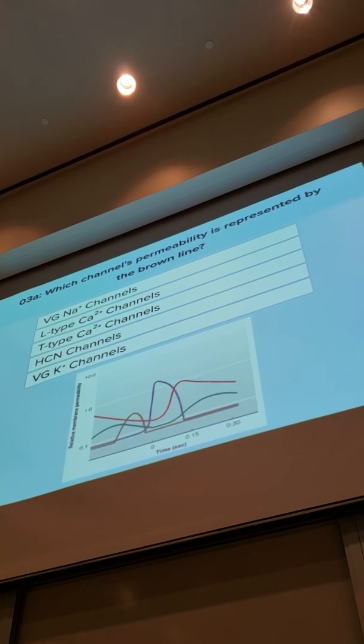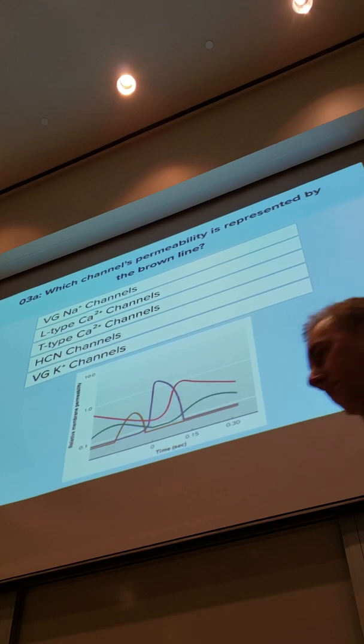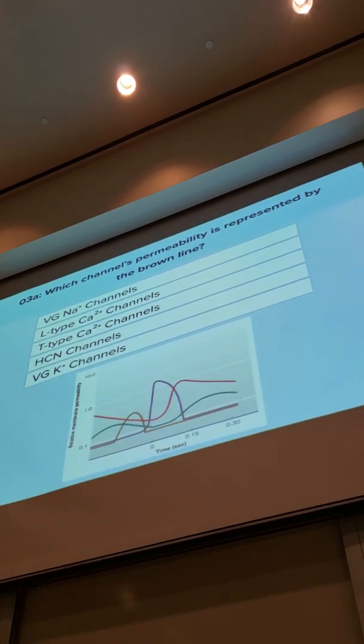You're all voltage gated, though. So purple is right? Which calcium? Which one? I'm thinking the L-type. That's right. Why? Because that one seems highly permeable. But what about the L-type, or what about the T-type?